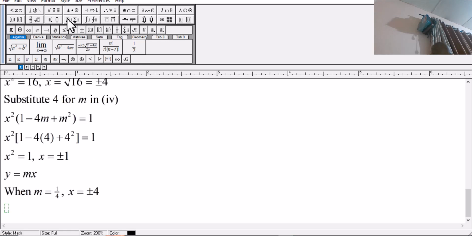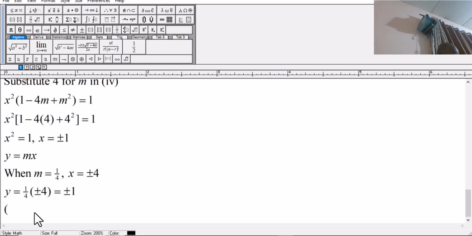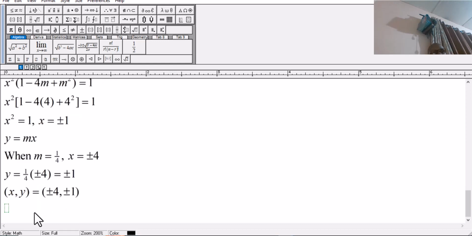So let's put that. So we have y is equals to 1 over 4 bracket. So we can put this. So our y is equals to plus or minus. So we can say that x comma y is equals to comma 1. So you can also do the rest for the second one.